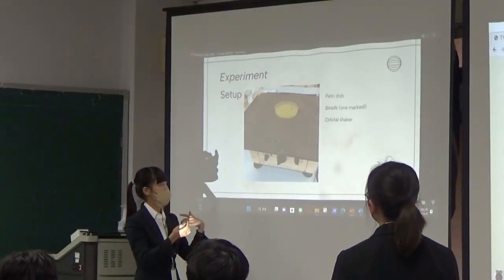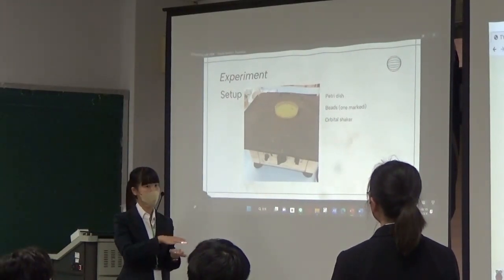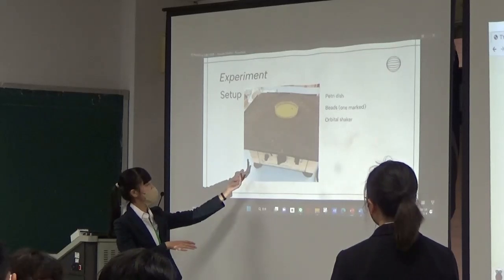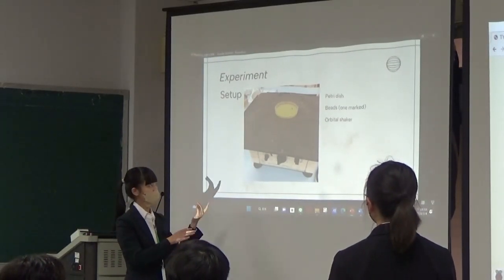And like I said, if you put just some balls in the container, it will rotate in the same direction as the machine.